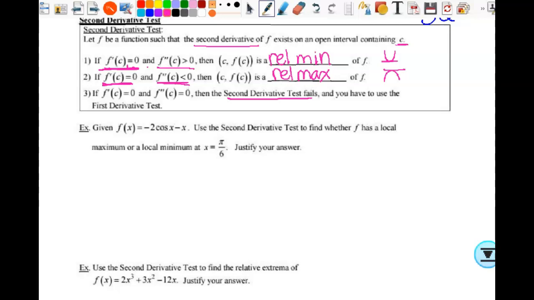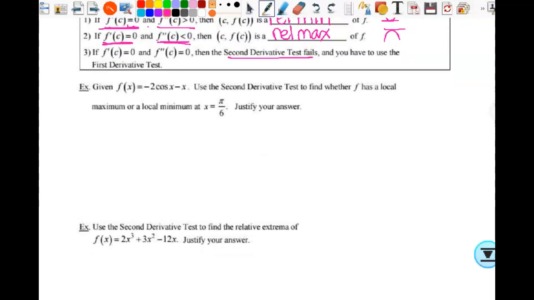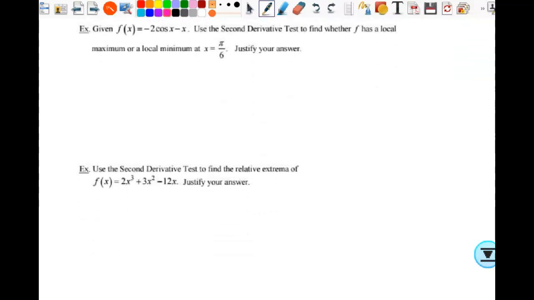All right, so let's do this. It says use the second derivative test to find whether f has a local maximum or local minimum at x equals pi/6 and justify your answer. All right, so remember, we still have to find the derivative and we still have to find those zeros. Okay, so we've got f prime of x. Go ahead and find the derivative.